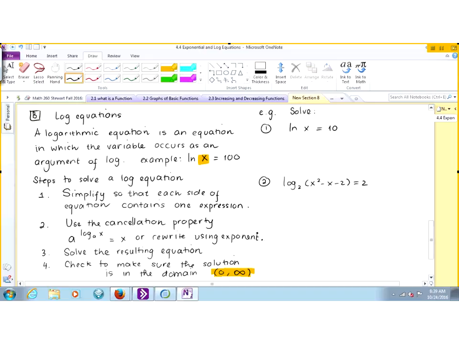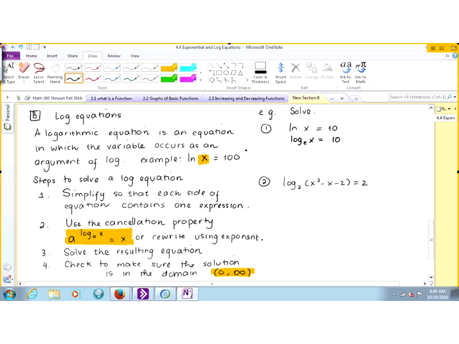Now, do you want to rewrite these as exponents or use the cancellation property? I think this is easier, so I'm going to use this. Now, ln x, this is log with base what? e. So this is log base e of x is equal to 10.